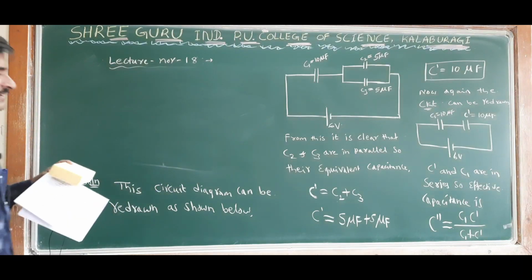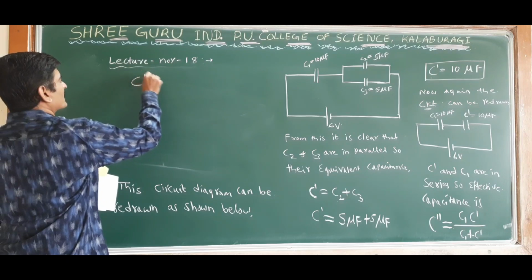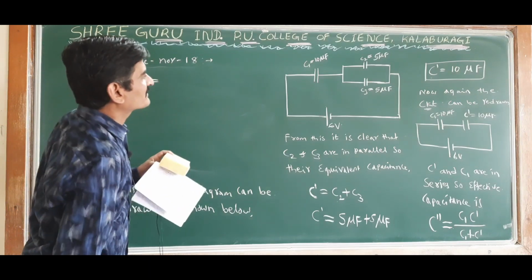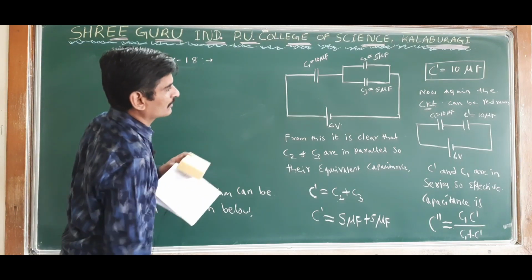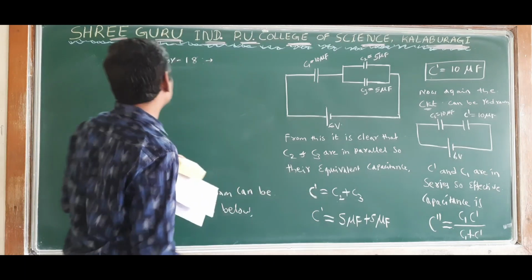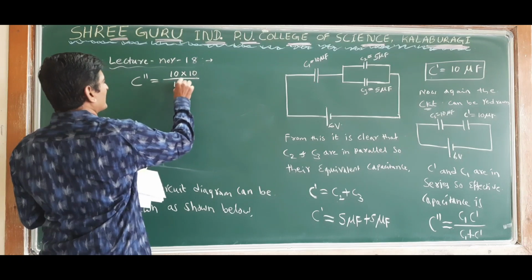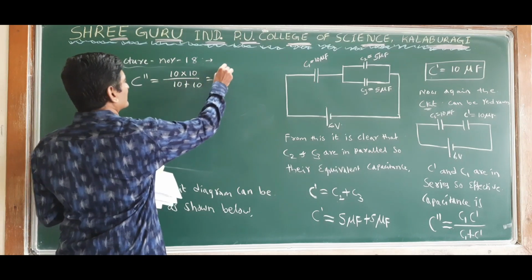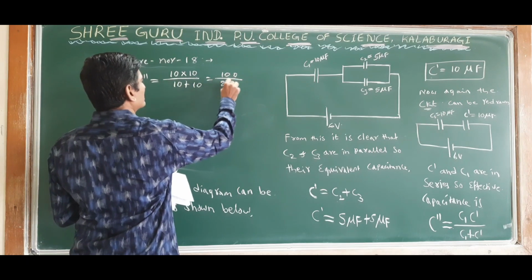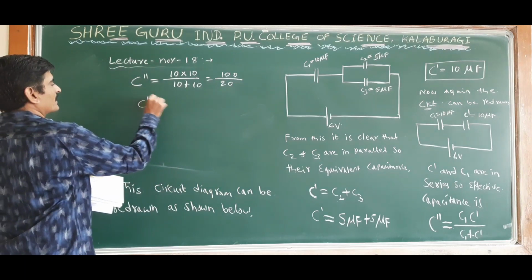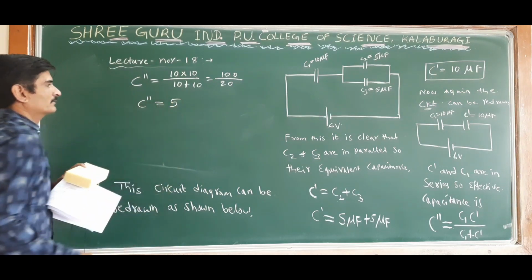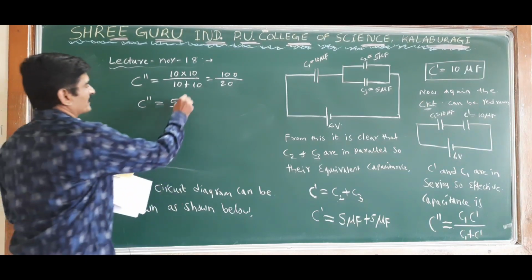So C double dash is equal to, C1 is 10 and C dash is also 10. So 10 into 10 divided by 10 plus 10. So that is 100 divided by 20. So C double dash is equal to 5 microfarad.